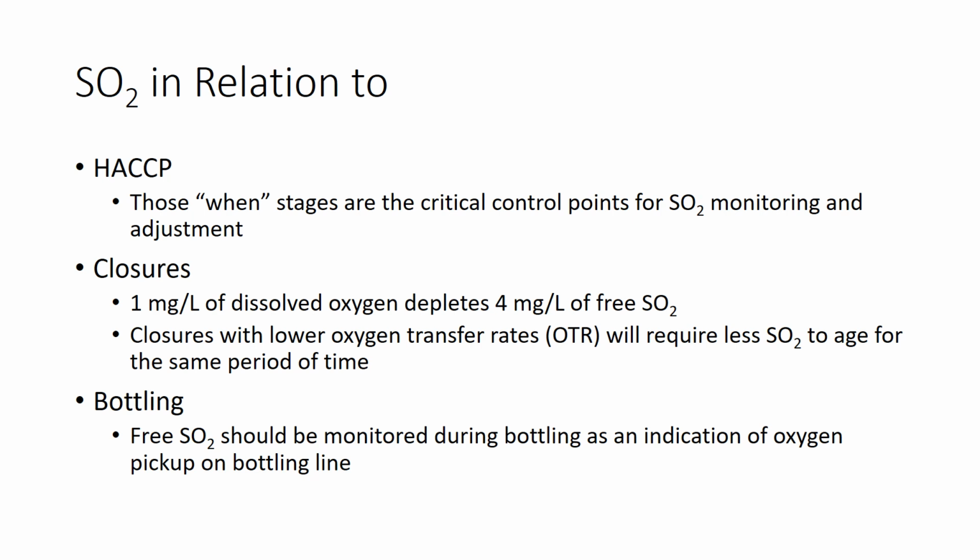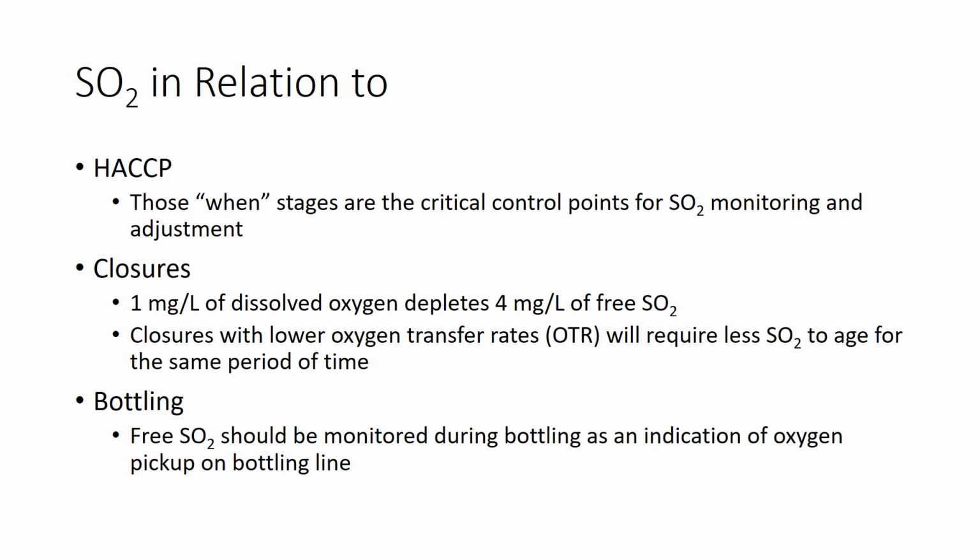At bottling, free sulfur dioxide should be monitored as an indication of oxygen pickup on the bottling line. So an example here, not mentioning any wineries, is that if you're bottling, you would grab a bottle for beginning, middle, and end of the run. And if you see the free sulfur dioxide levels start to deplete over the course of the run, you can infer that you have oxygen pickup, and usually that's from a pinhole-sized hole inside one of the hoses that's delivering the wine from the bottling tank to the bottling line.